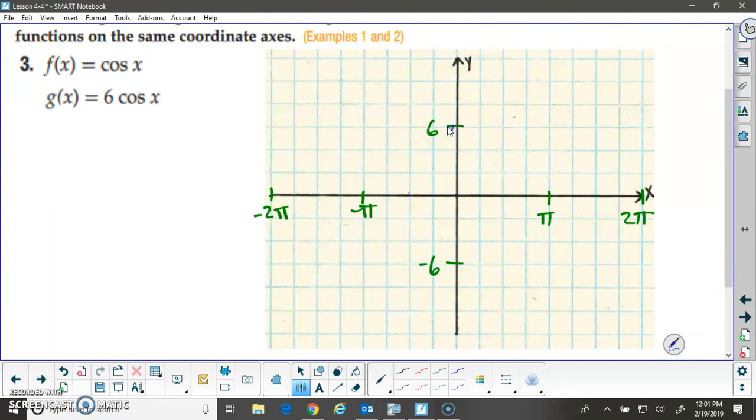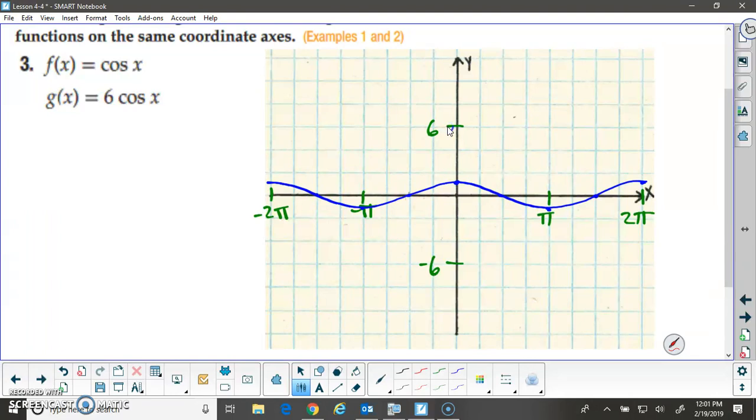If we graph just a cosine wave, its high point is at 1, and this is 1. Its period length is 2 pi. This one seems pretty condensed compared to the last graph we've drawn, but based upon the scale, it hasn't been stretched or shrunk. It's the same thing. So there's a cosine wave.